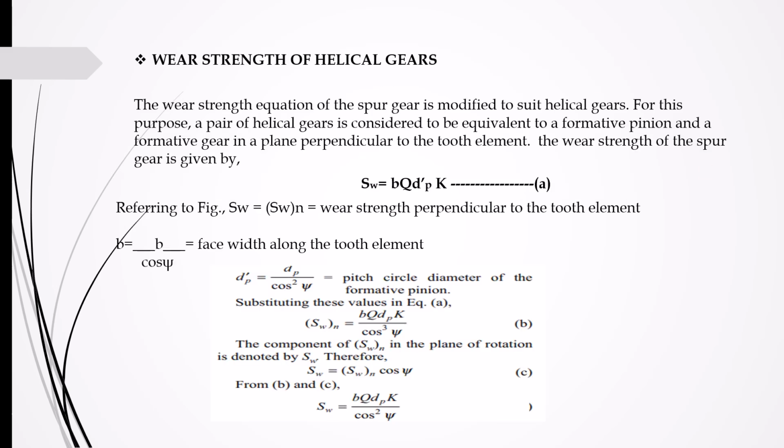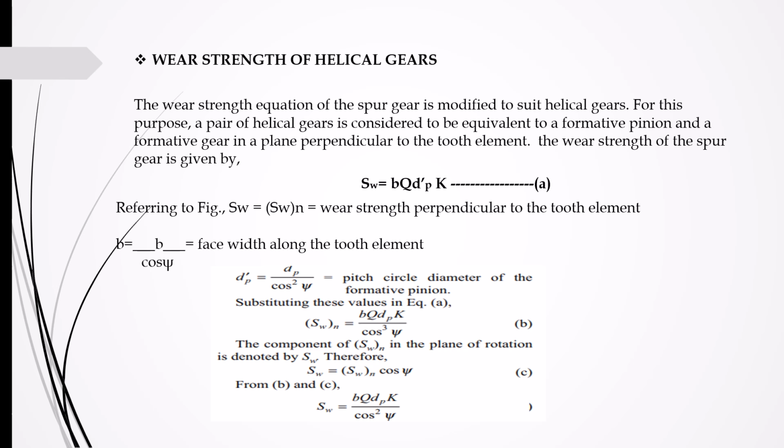Now, for the wear strength of helical gear, the wear strength equation of spur gear is modified for helical gear by considering a formative pinion and gear in the plane perpendicular to the elements. The wear strength denoted by SW is given by the equation b Q d dash K. Referring to the figure, SW becomes SWN, meaning wear strength perpendicular to the tooth element, and face width becomes b by cos psi.